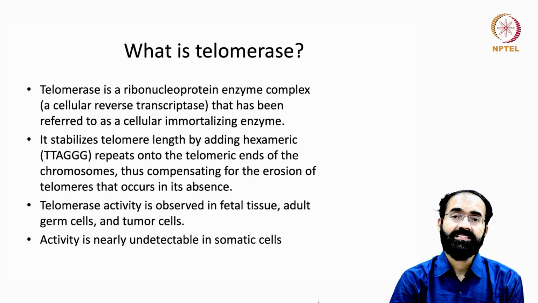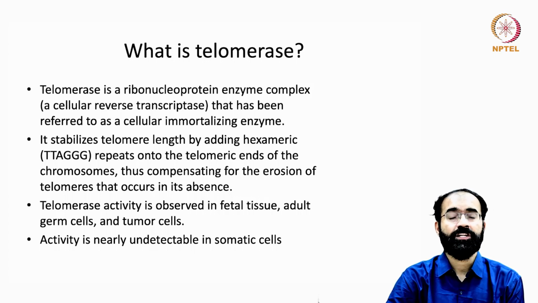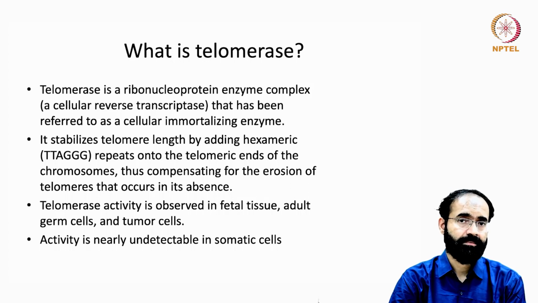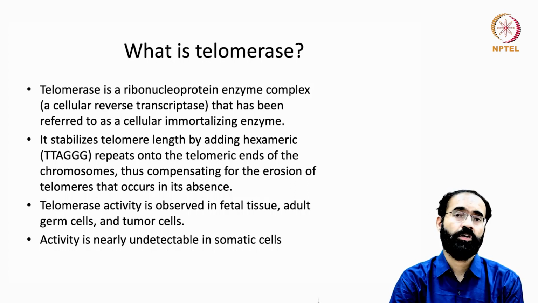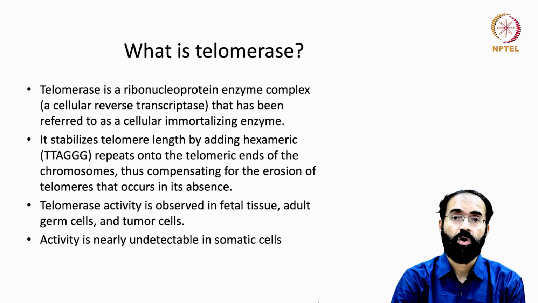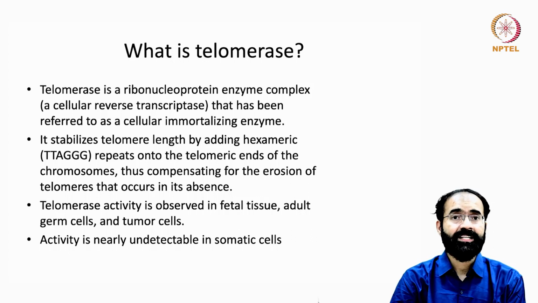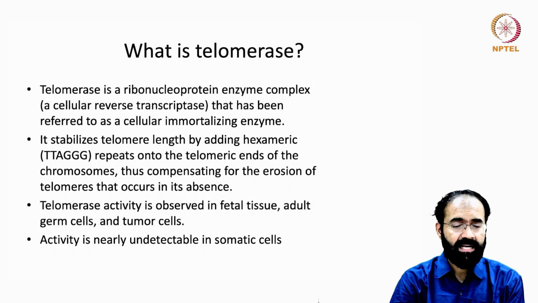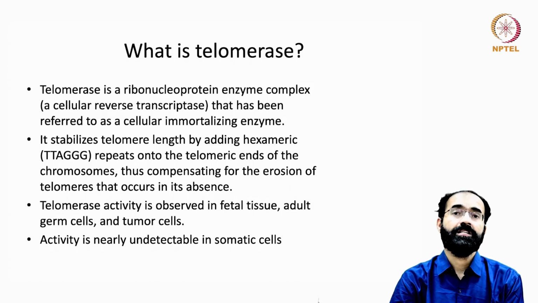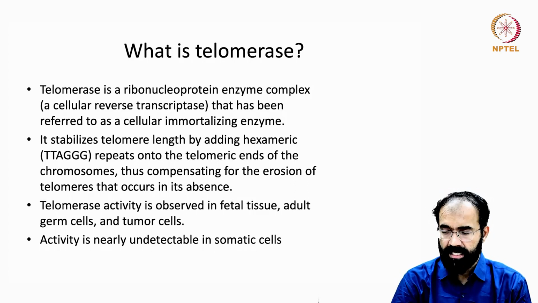So telomerase activity is restricted to fetal tissues and adult germ cells because you have to produce the germ cells to donate to the next generation, and the tumor cells evade the stoppage of telomerase activity in multiple ways. Net result is telomerase activity is pretty strong in tumor cells, and telomerase activity is nearly undetectable in somatic cells because somatic cells have a uniform way of erosion of the telomeric ends.